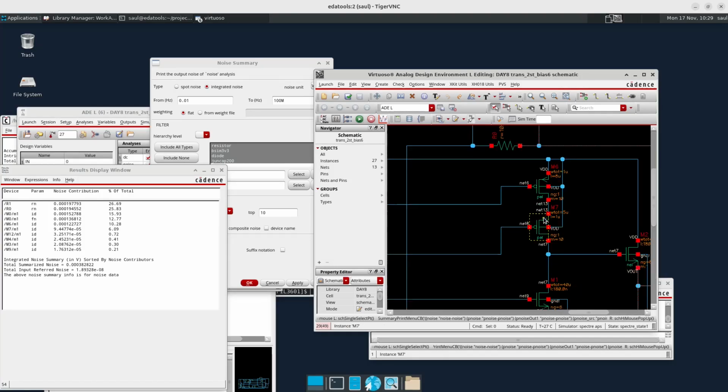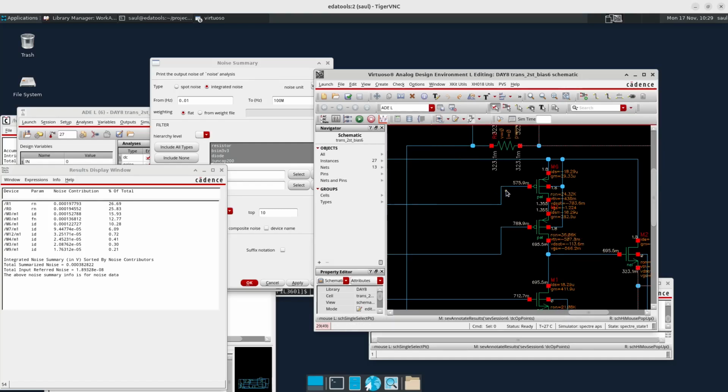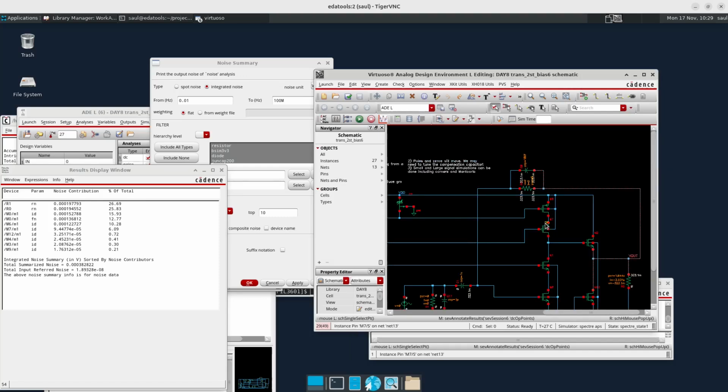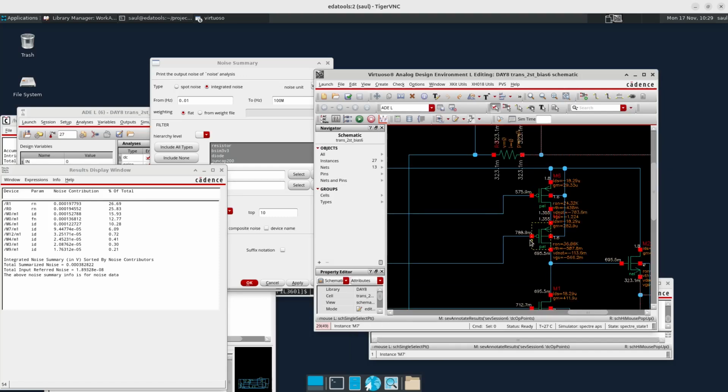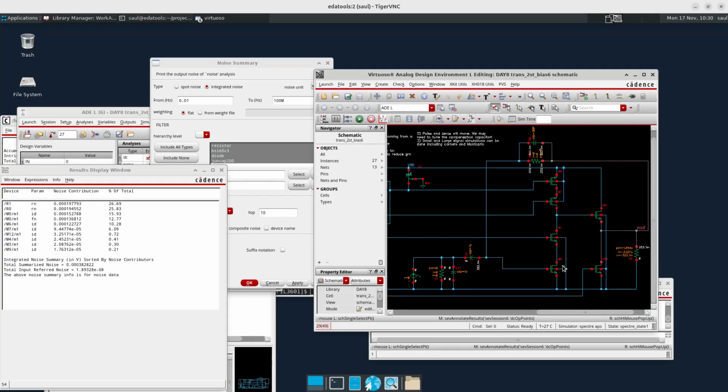If we want, we can reduce the transconductance of this transistor. Let's annotate the operating point. We can try to reduce the transconductance of these transistors, and then the noise level of this transistor will go down. So just now this one is 406.